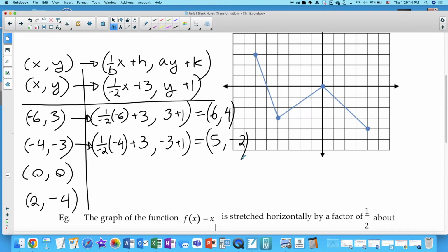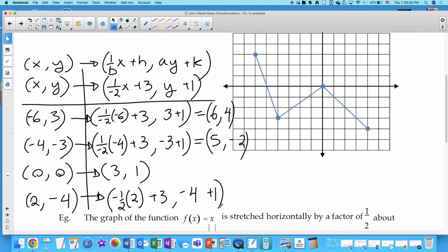So this one's actually just going to go to 3, 1, right? Can you guys all see that? That's okay? All right, this one's going to go to 3, 1. And then finally, 2, negative 4 is going to move to negative a half times 2 plus 3, comma, negative 4 plus 1, which is, okay, so that's negative 1 plus 3 is 2, and then negative 3.